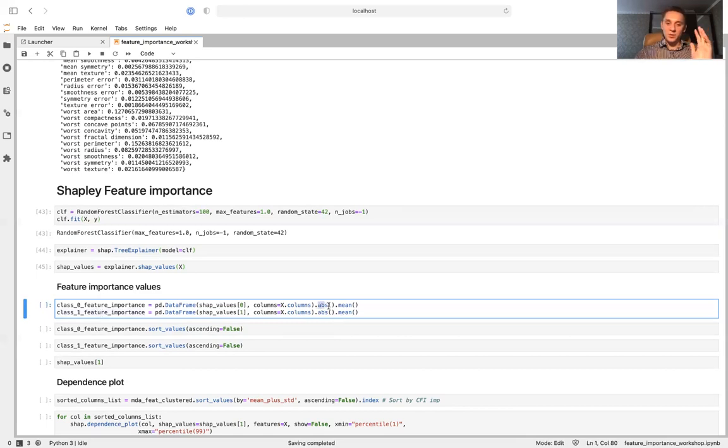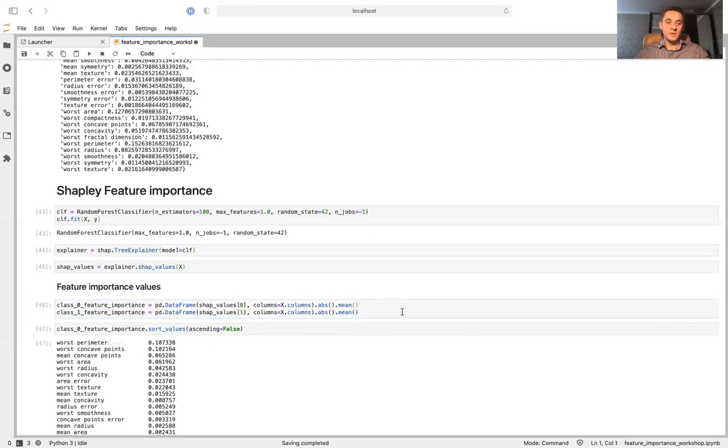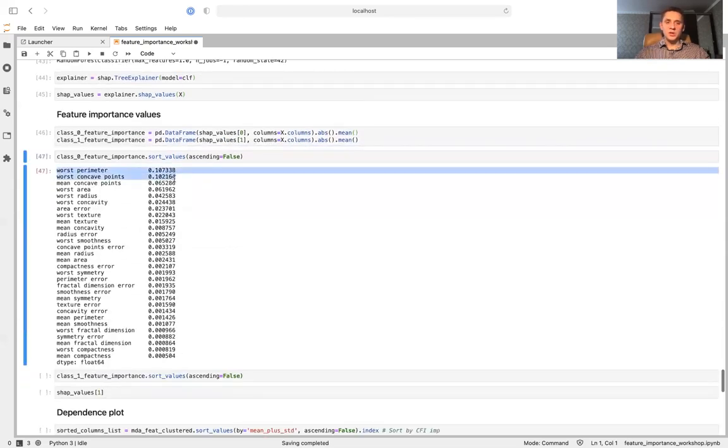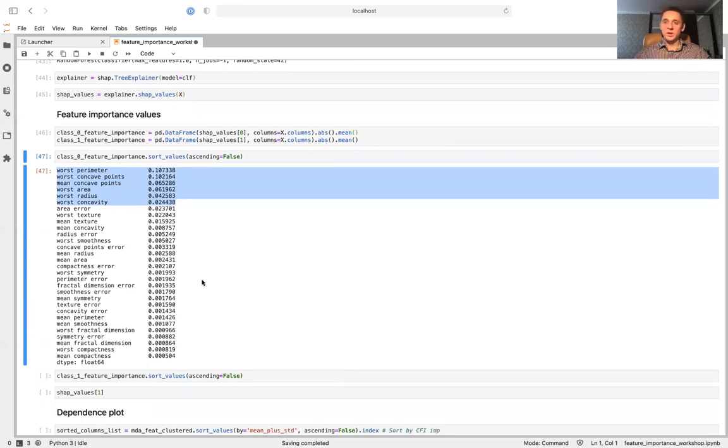As we can see here, we use the absolute values, take the mean value of Shapley feature importance and sort them. What we can see here is worst perimeter, worst concave points, worst area, worst radius. So we still see relatively the same set of features present in all feature importance functions, which usually means that the algorithm has captured the right pattern because the informative factors are pretty much the same.